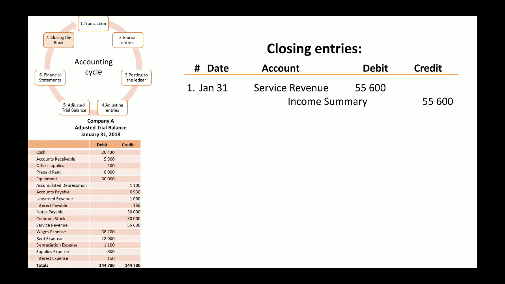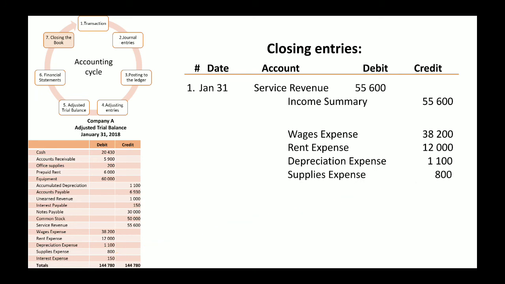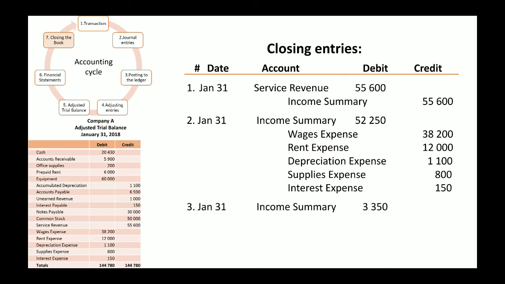At the second, we close all expenses and losses, debiting income summary. And at last, income summary account is closed, whose balance is the difference between two previous closing entries.